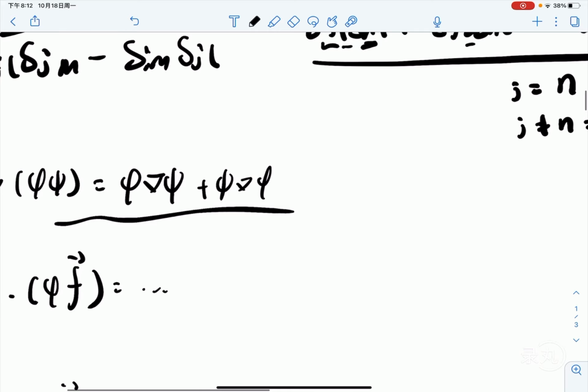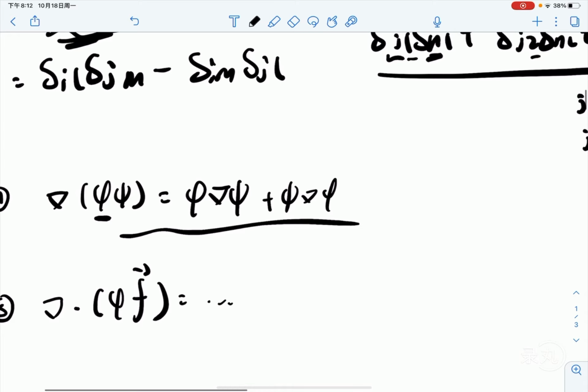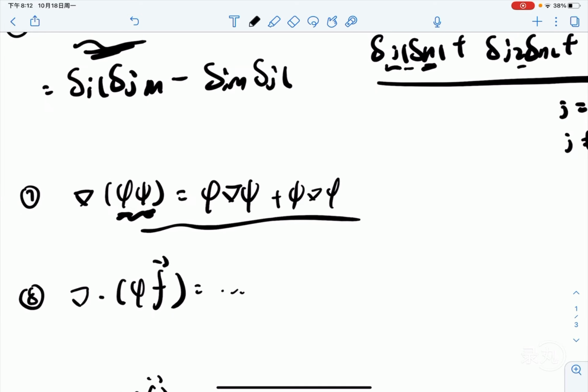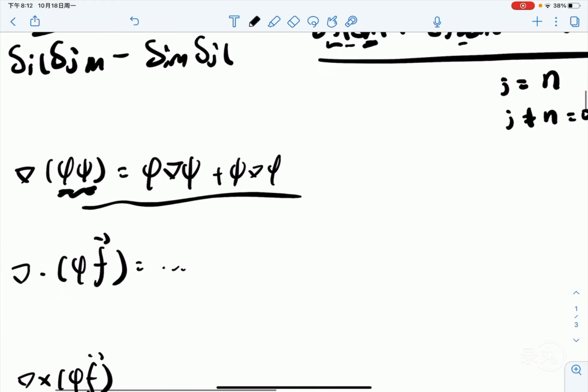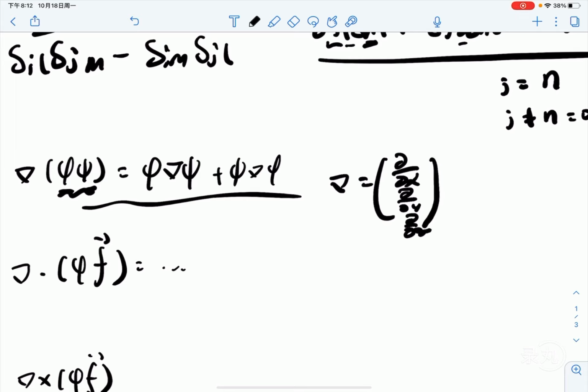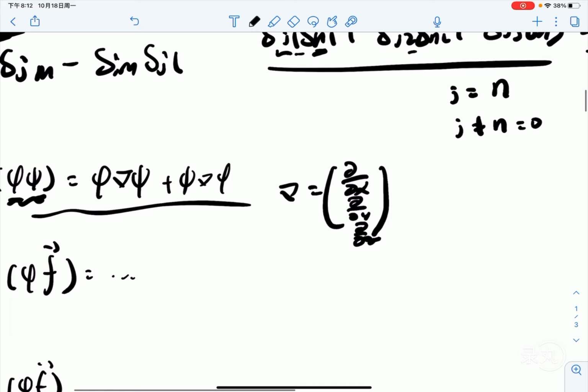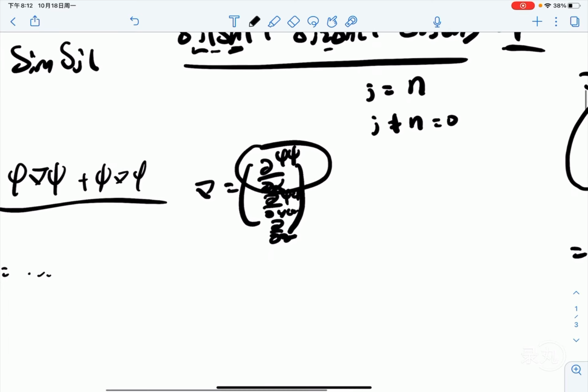So phi and these 2 terms are scalars, they're not vectors. So if we write the gradient in the form of this, and phi like this, we're just going to check the first term.